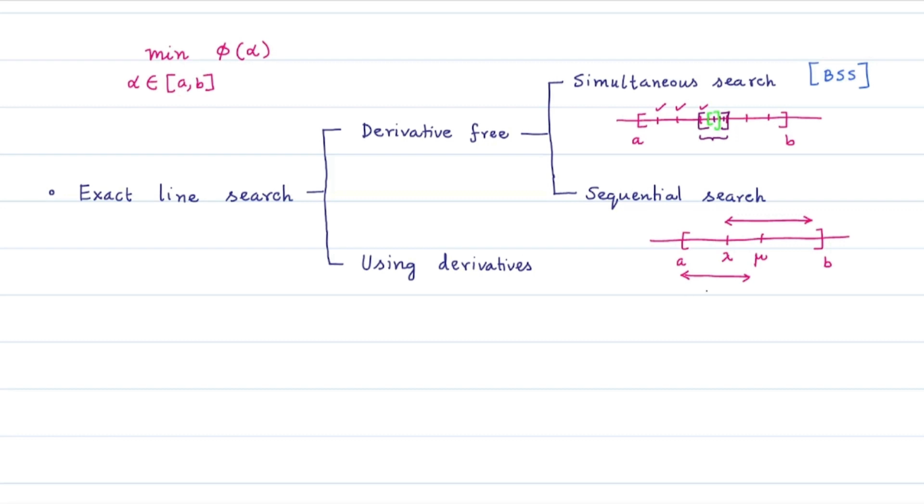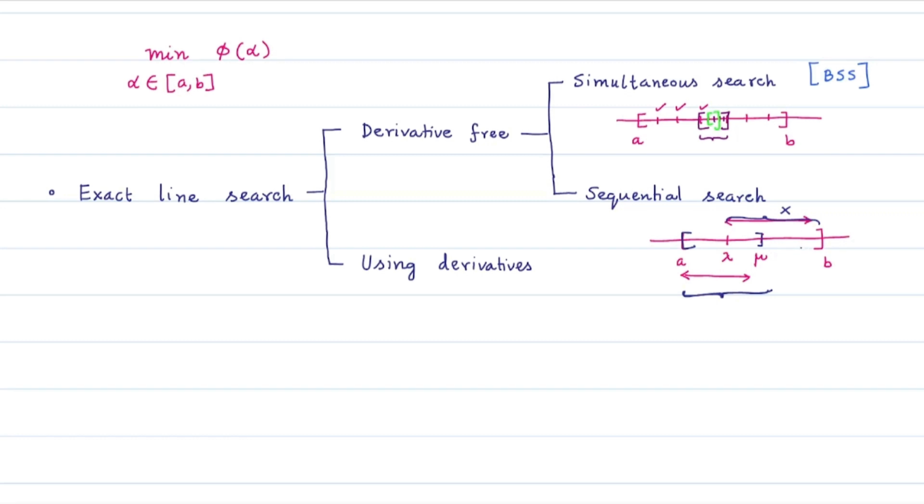So as if we are taking two sections of the interval A to B and checking which section includes a minimum of the function phi, you reduce your entire interval of uncertainty from AB to that section which includes a minimum and discard the other section. Further, in the reduced interval you again take two sections and iteratively pick that section out of the two which includes a minimum.